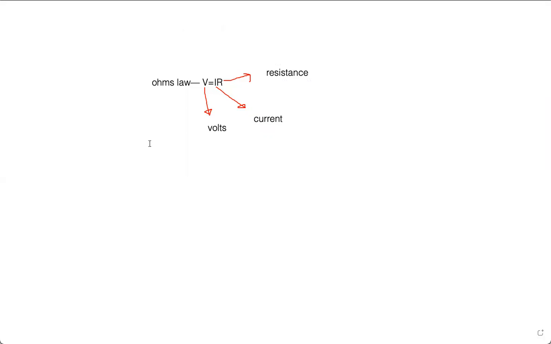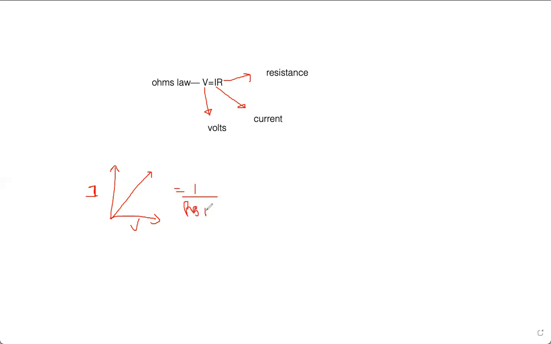The derivation of this is basically, if I draw a graph of I versus V, which is the current on the y-axis and the volts on the x-axis, it's going to be directly proportional, right? Because according to Ohm's law, they're directly proportional. And if you find the slope, which is the rise upon run, the inverse of the slope is 1 by resistance.